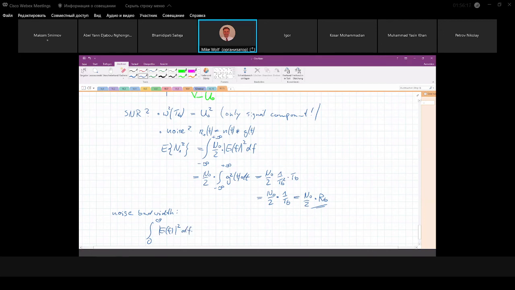Then you have to multiply this noise bandwidth with the technical noise power spectral density in order to obtain the noise power. So with N naught, and not with N naught by 2. Understand? It's done in physics. You see, in the real world the noise power scales with the bit rate. But sometimes it's advantageous to use this unit energy assumption.